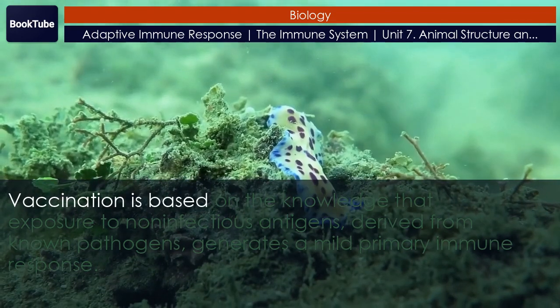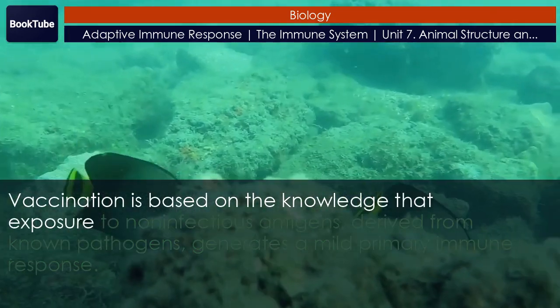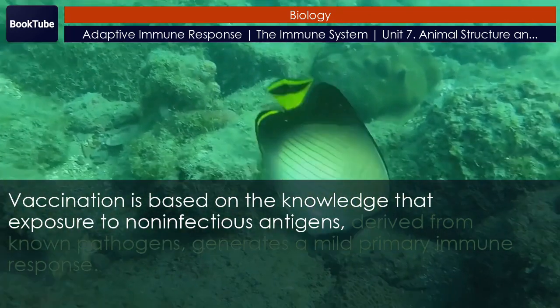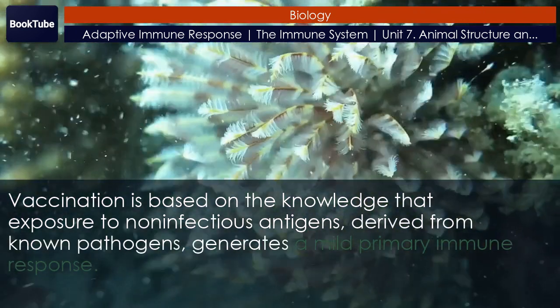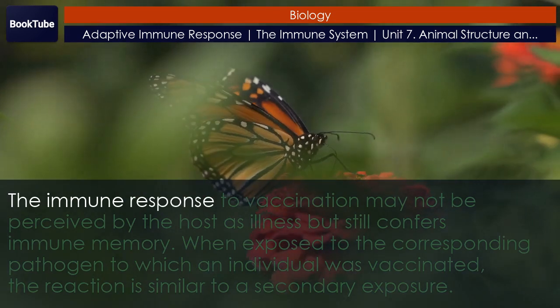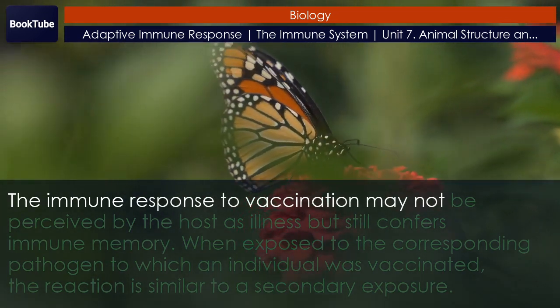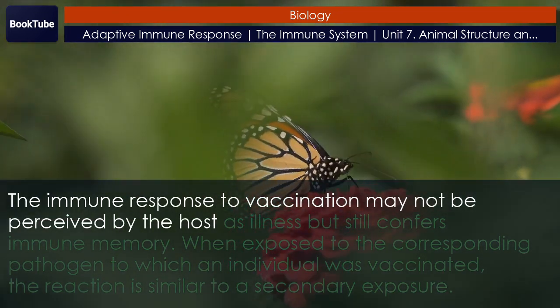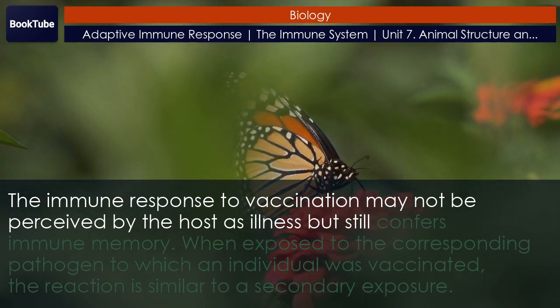Vaccination is based on the knowledge that exposure to non-infectious antigens, derived from known pathogens, generates a mild primary immune response. The immune response to vaccination may not be perceived by the host as illness but still confers immune memory.